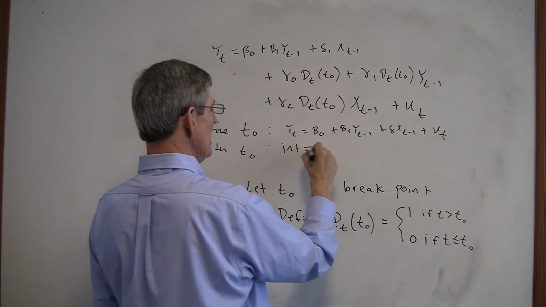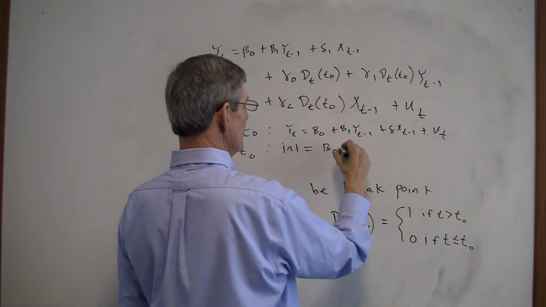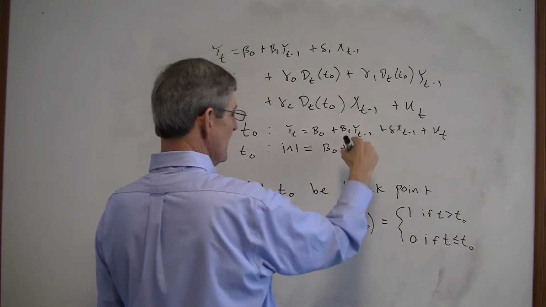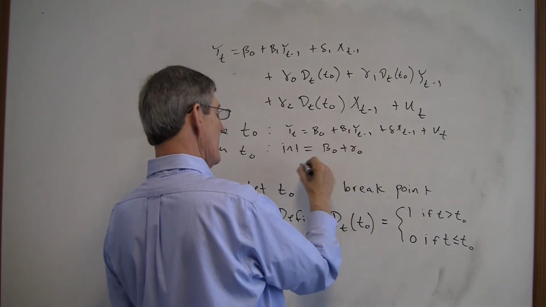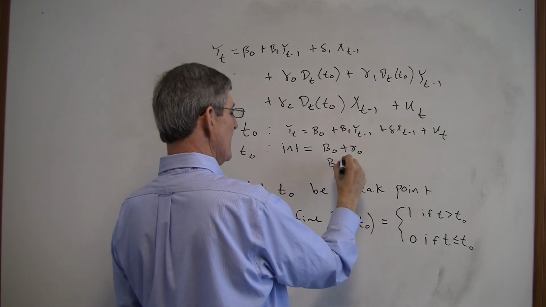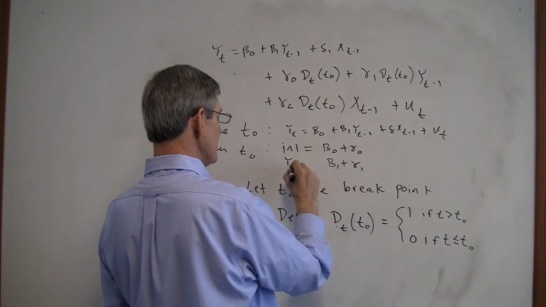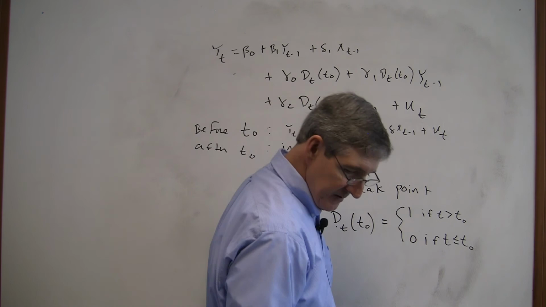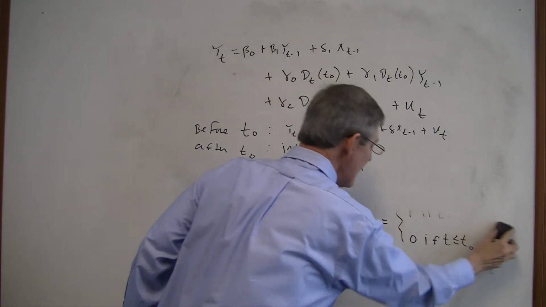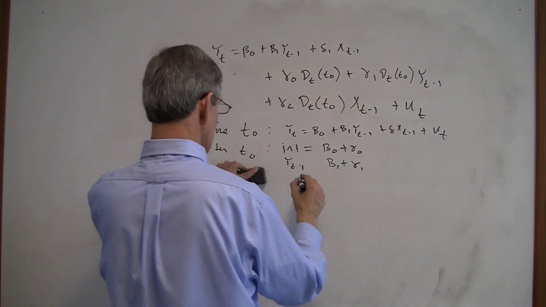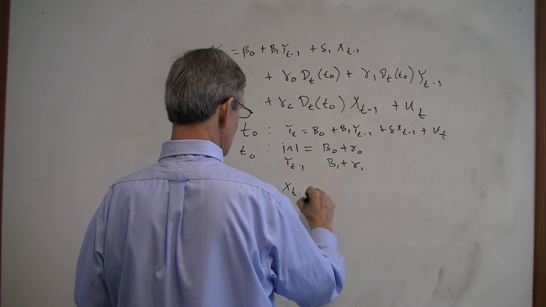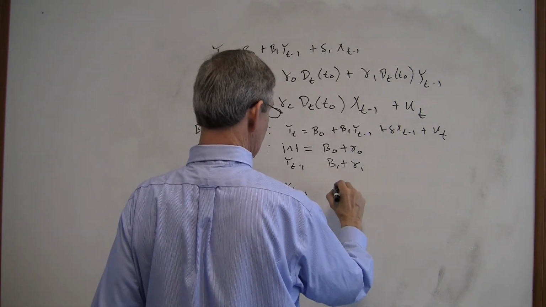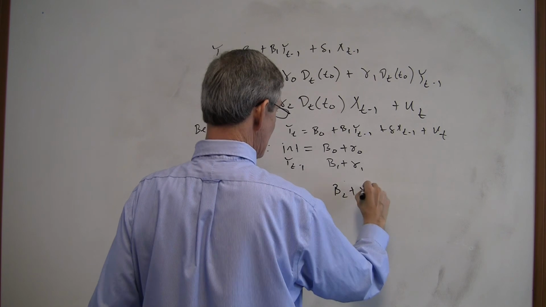The intercept would be beta 0 plus gamma 0. The coefficient on yt minus 1 would be beta 1 plus gamma 1. And the coefficient on xt minus 1 would be delta 1 plus gamma 2.